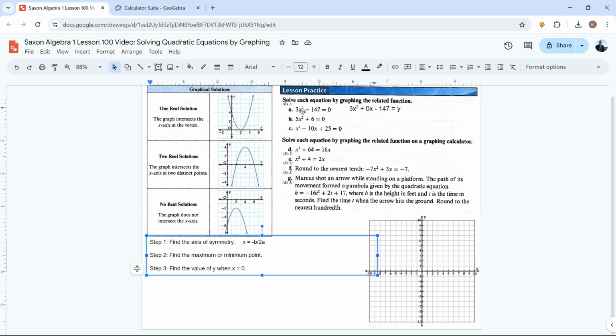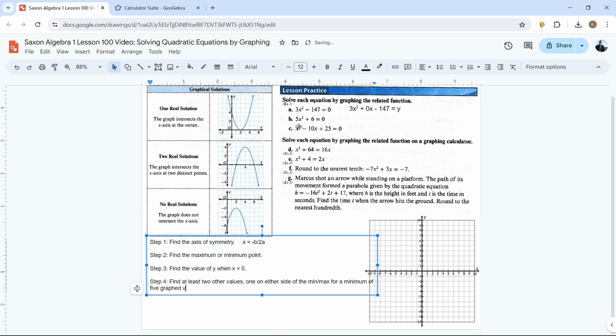Like I said, this is not the best example for the method in the book, but when we get to one like letter C, the method in the book works really well. All right, step 4 is going to be the most relevant step for us with this parabola. Find at least two other values, we'll just say one on either side of the min-max, for a minimum of 5 graphed values.